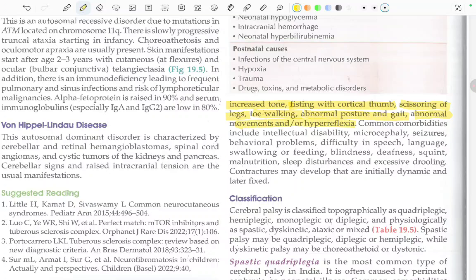Common comorbidities include intellectual disability. There can be microcephaly, seizures, behavioral problems, difficulty in speech, language, swallowing or feeding, blindness, deafness, squint, malnutrition, sleep disturbances and excessive drooling. Contractures may develop that are initially dynamic and later fixed.